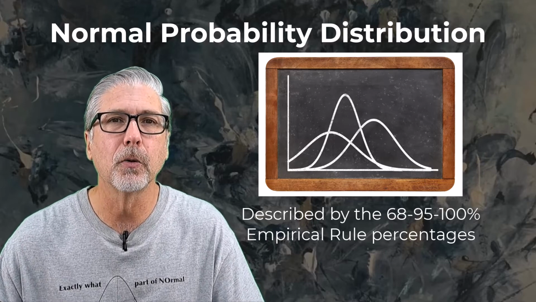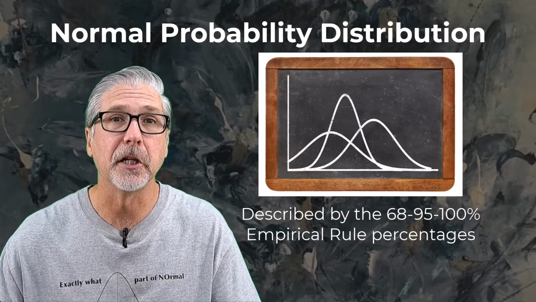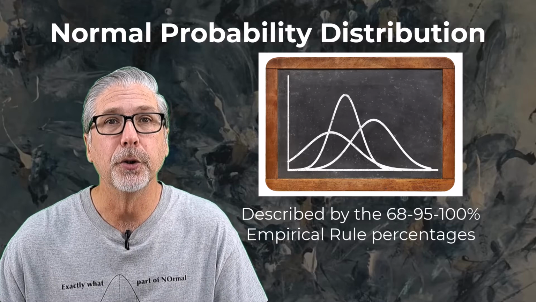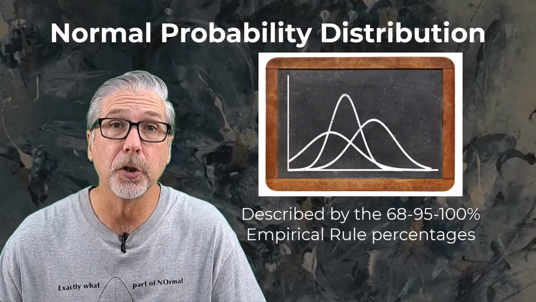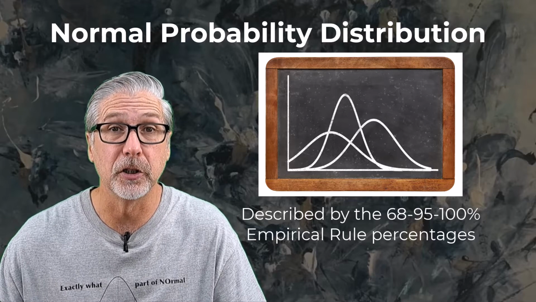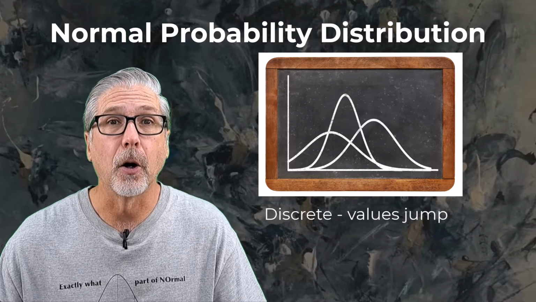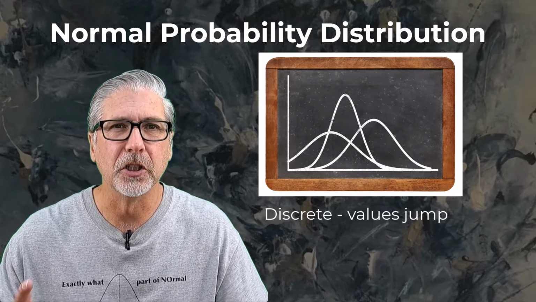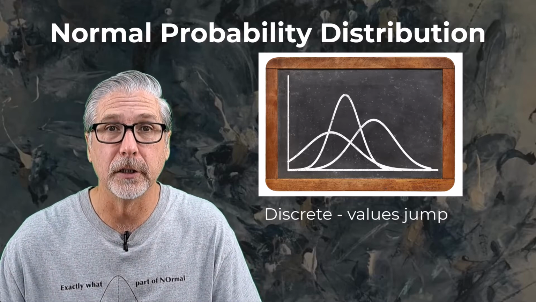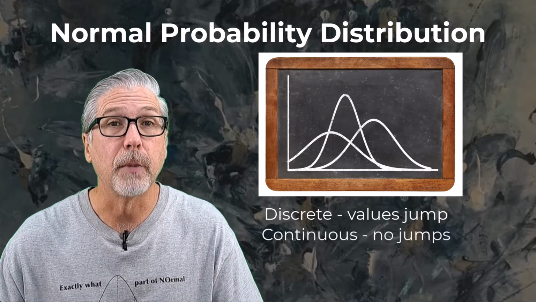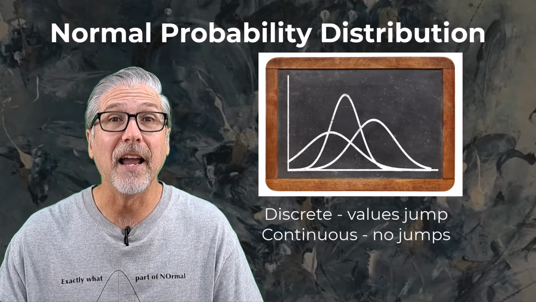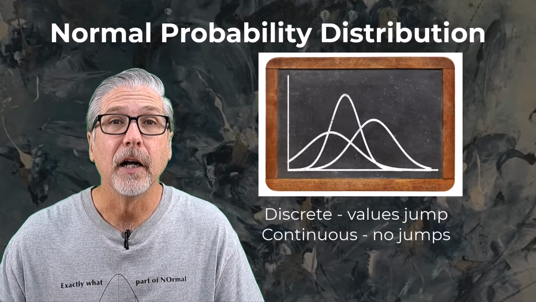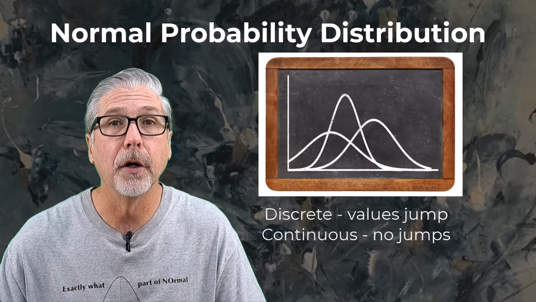Let's think of the empirical rule as our first steps, or baby steps, if you will, into the normal distribution. Now, I've also talked to you before about random variables and told you about 2 very different types. Discrete, the ones that are a lot of times whole numbers and jump around, like the binomial, for instance. And then we've also talked about continuous distributions, those distributions that can be any value at all, and they don't jump.